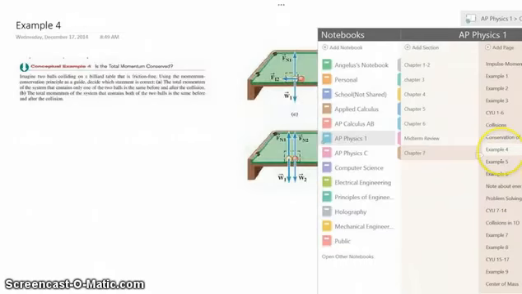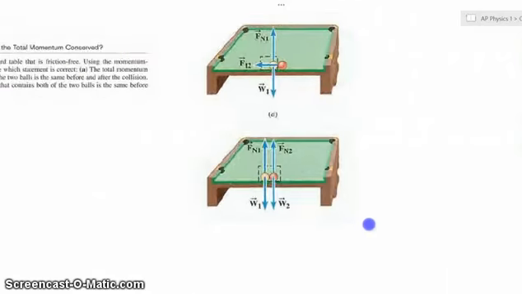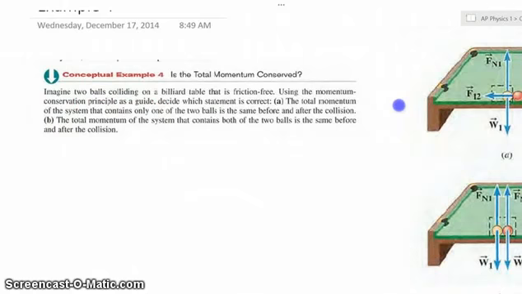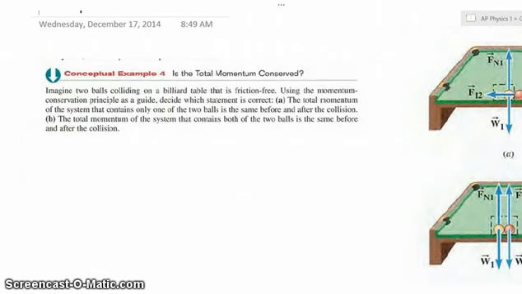So let's look at an example here. We've got billiard balls on a table that are going to collide with each other. So this example says, imagine two balls colliding on a billiard table that is friction-free. Using the momentum conservation principle as a guide, decide which statement is correct. A, the total momentum of the system that contains only one of the two balls is the same before and after the collision.